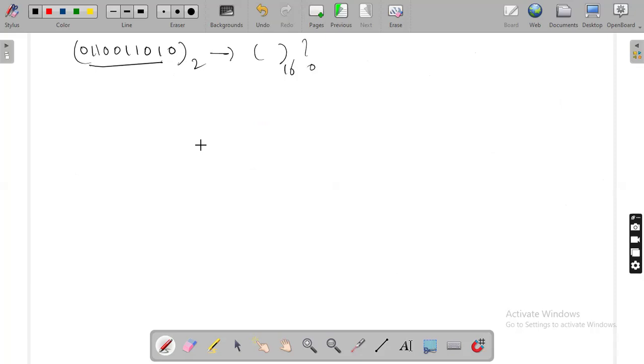How to convert? I already told what is the style of hexadecimal. In hexadecimal, each digit represents 4 bits. So I am writing the same binary here: 0 1 1 0, next 0 1 1 0, next 1 0.